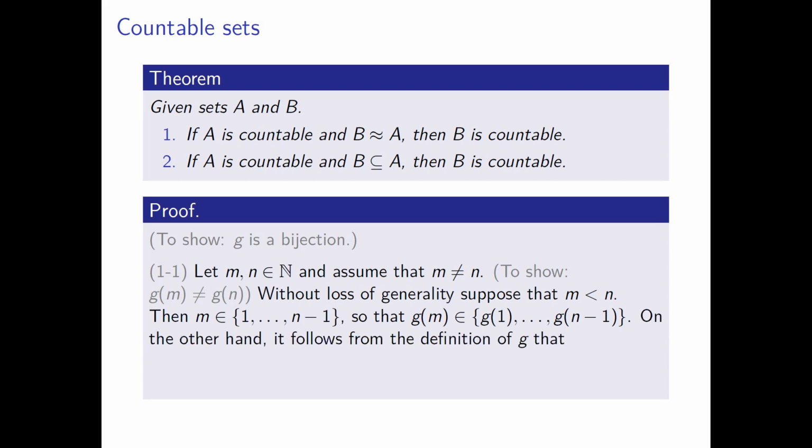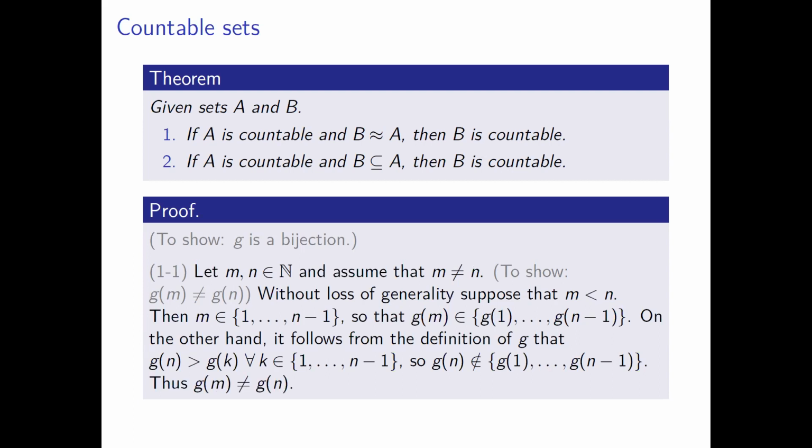On the other hand, it follows from the definition of the map g that g(n) is greater than g(k) for any number k from 1 to n minus 1. So g(n) does not belong in the set of images of the numbers 1 to n minus 1. Thus, g(m) is not equal to g(n). Therefore, the function g is 1-to-1.